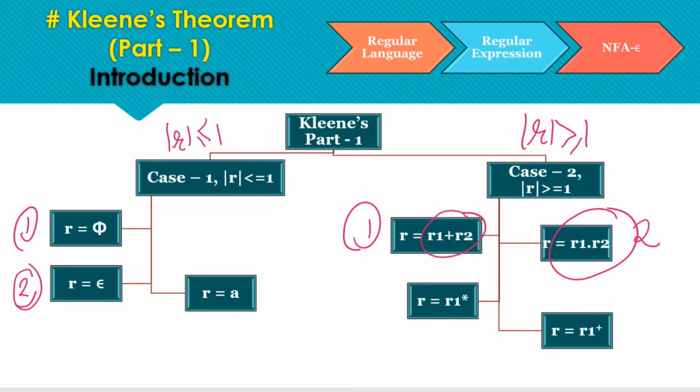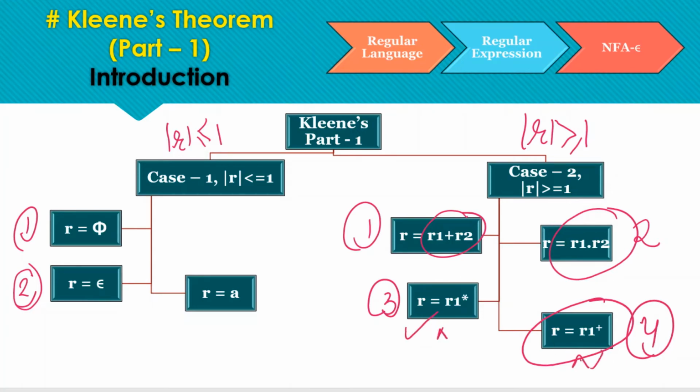If the parts of the regular expression are in Kleene closure, then we have to prove the third identity. And if the sub-expressions are in positive closure, meaning one or more occurrences, then we have to prove the fourth identity. Here null is acceptable, but there null is not acceptable.